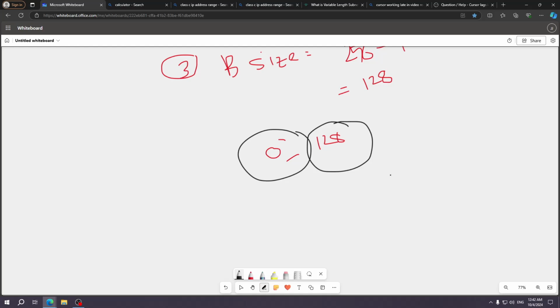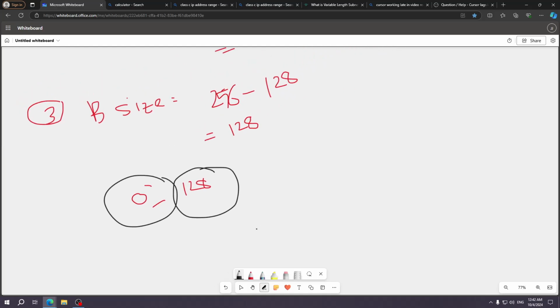Now we want to form the table. First of all, in the table under subnets, we have two subnets: one is 0 and the other is 128. Then we need to write the broadcast address.